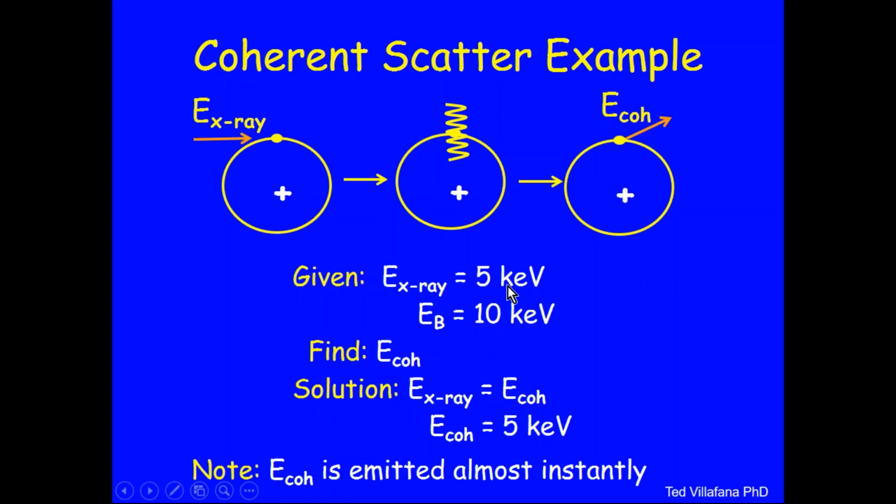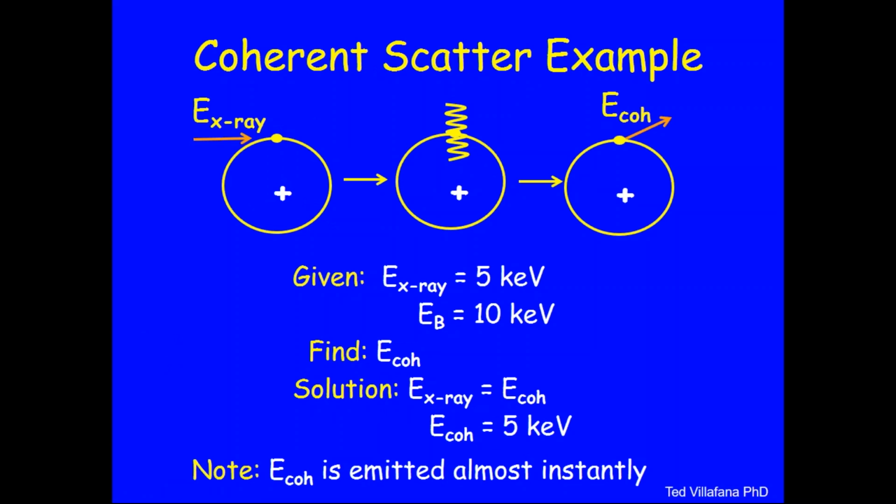And the energy that came in was 5, so the coherent scattered photon energy going out is 5. And by the way, that is emitted essentially instantaneously. It's a spontaneous thing, and so there is your coherent scattered photon.